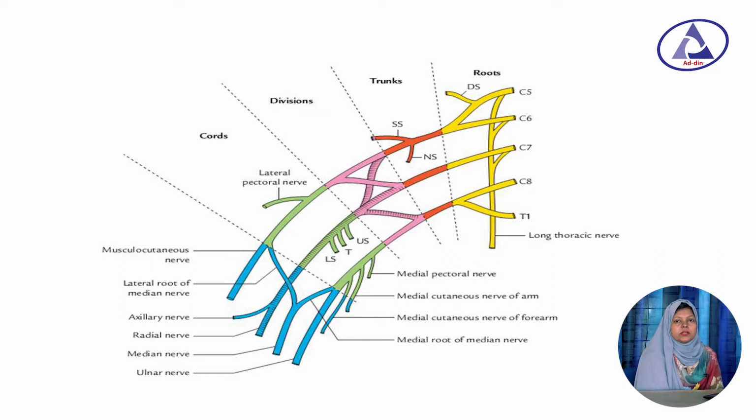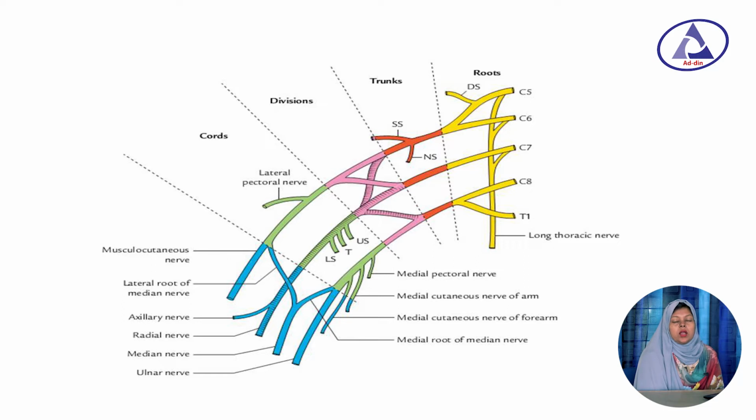Now, how is the brachial plexus formed? The brachial plexus is formed by the anterior rami of cervical 5, 6, 7, 8 and thoracic 1 spinal nerves. I say again, the brachial plexus is formed by the anterior rami of cervical 5, 6, 7, 8 and thoracic 1.